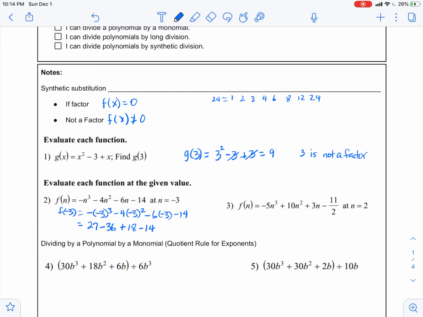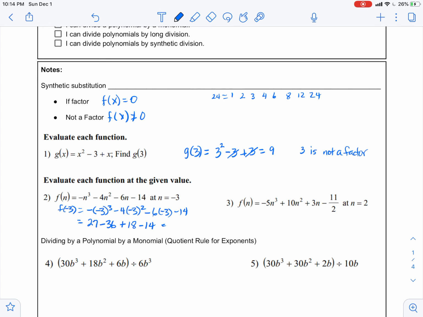When I add those together, I am going to get negative 5, I think. I might ought to run that in my calculator, but I'm just doing it in my head here. You're welcome to run those in your calculator. So we've got 27 minus 36 plus 18, minus 14.